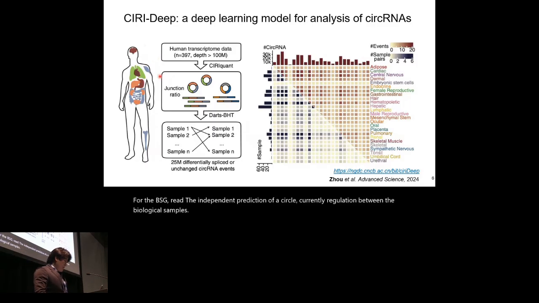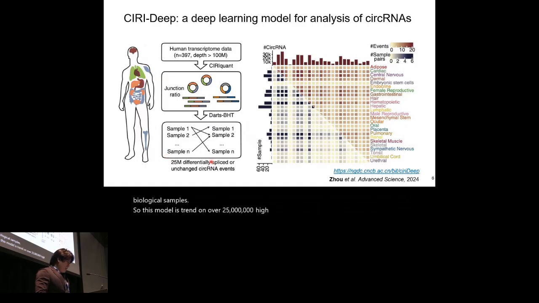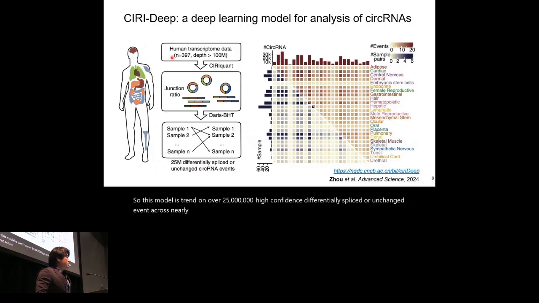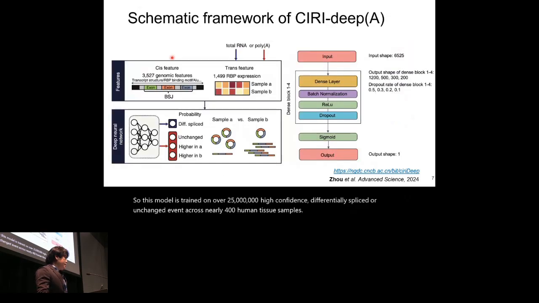This model is trained on over 25 million high-confidence differentially spliced or unchanged circular RNA events across nearly 400 human tissue samples. In CIRI-Deep, we use both cis and trans features.